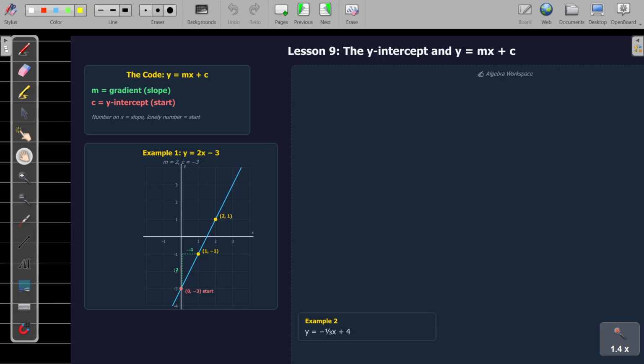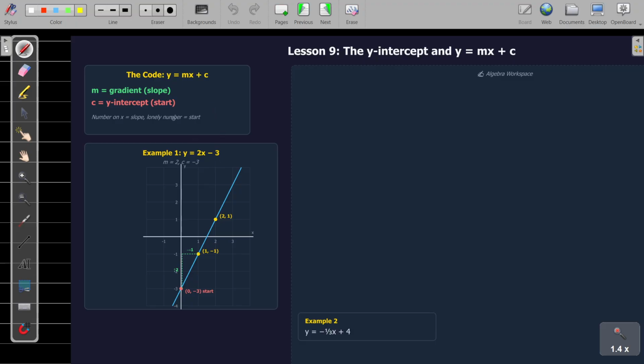We want a faster way, and so we're going to be learning that faster way in this video. Today, we're learning how to look at an equation and draw that graph in 10 seconds flat, maybe 15 seconds, using this code, this expression right here, y equals mx plus c.